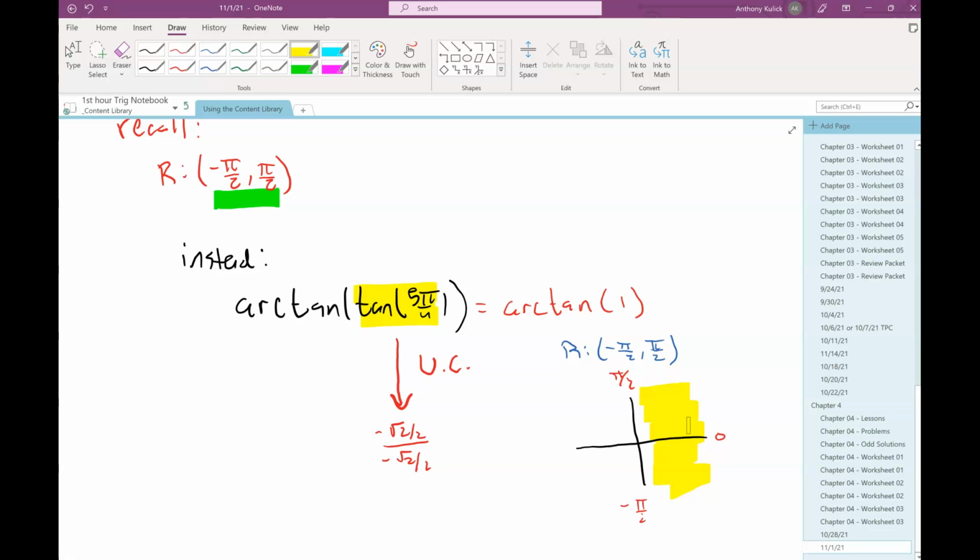Everybody's okay with that? And the place in quadrants 1 and 4 where tangent is positive is quadrant 1. So really we're looking for that value. Everybody's okay with that?